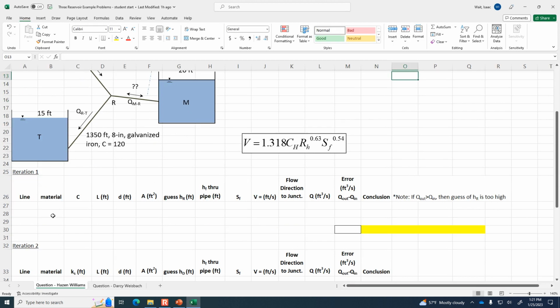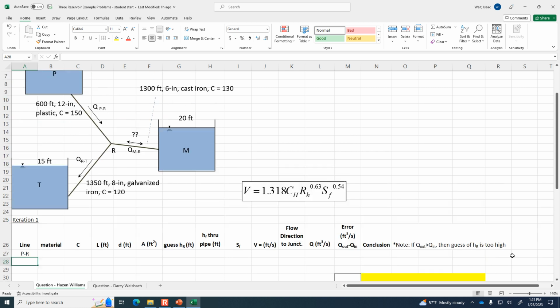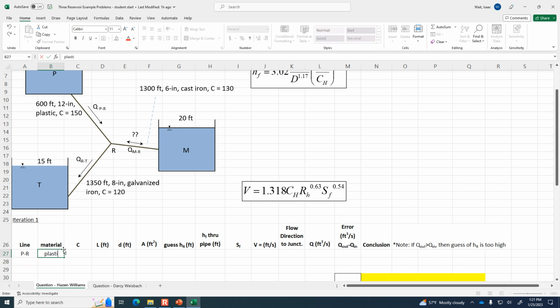Okay, so here's the framework for what we're going to solve. Starting in the first column, we're going to begin filling in details about the pipe. The first line is pipe PR, and I'll name the pipe based on where it's going from and where it's going to. So from P towards R, the pipe material is plastic.